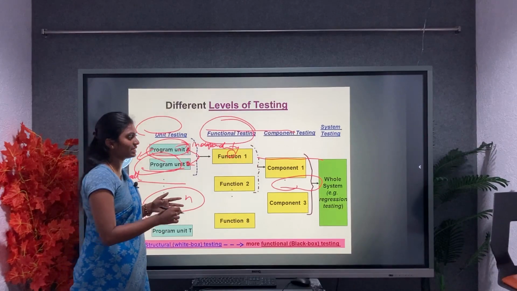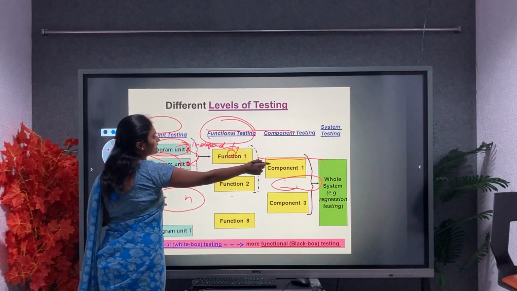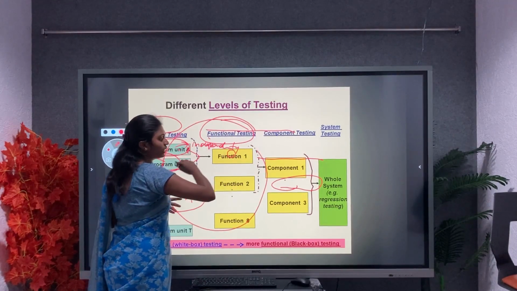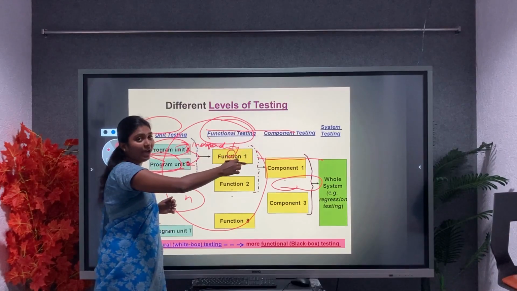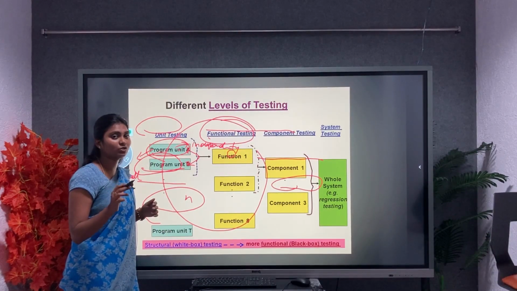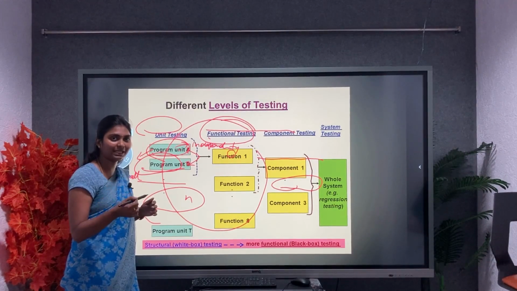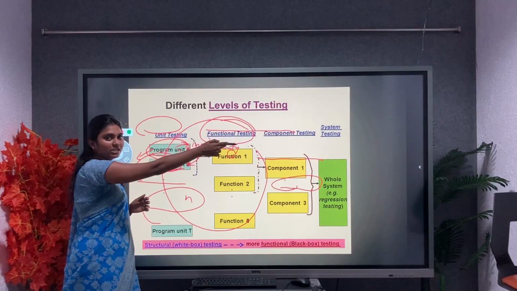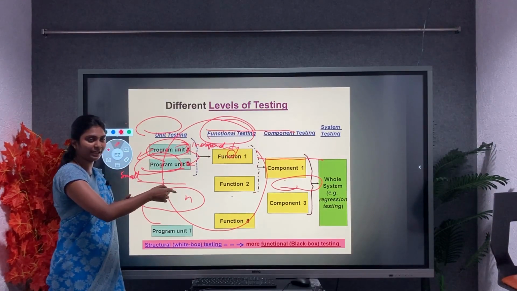And finally, system testing covers the unit testing, functional testing, component testing, the complete system. The complete system is responsible for system testing, where we use regression testing, which means modified data will stay in system testing. In unit testing we define the data independently.